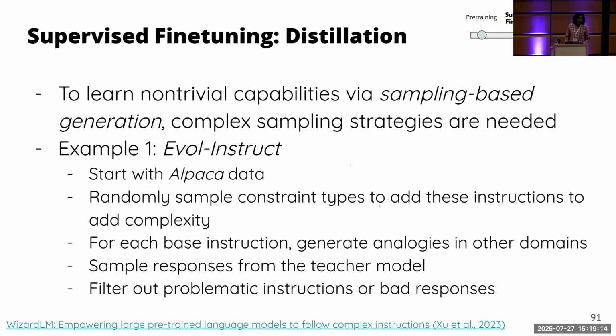And then they filtered out either instructions or responses that were of low quality. This might look like a response that starts by saying, sorry, I can't do that, or I'm not sure. Those types of keywords, they just hard coded and removed. This paper is very popular. It was very effective and overcame some of the issues that Alpaca had shown.